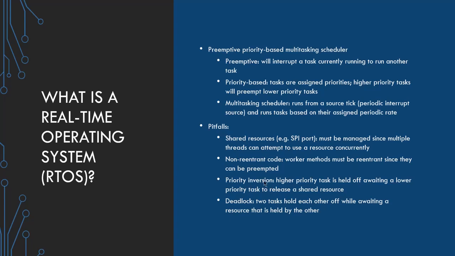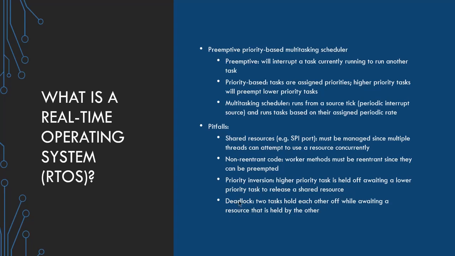Priority inversion can be a problem, and this again has to do with shared resources, where a higher priority task is held off waiting for a lower priority task to release a shared resource. That causes jitter in the timing, and it causes at times whatever needs to run on that higher priority task to be held off too long.